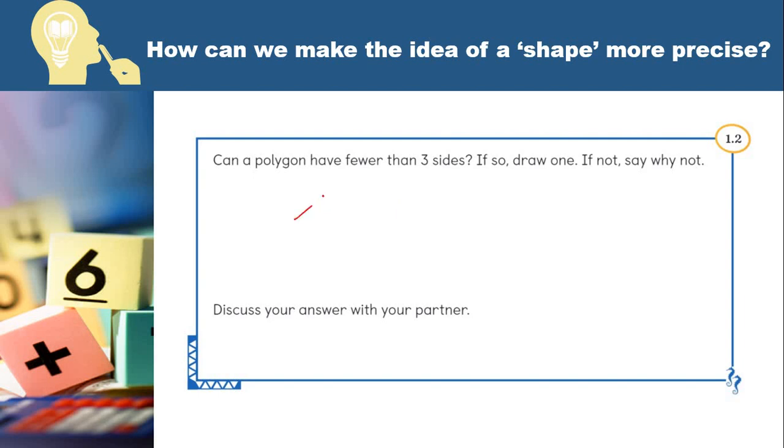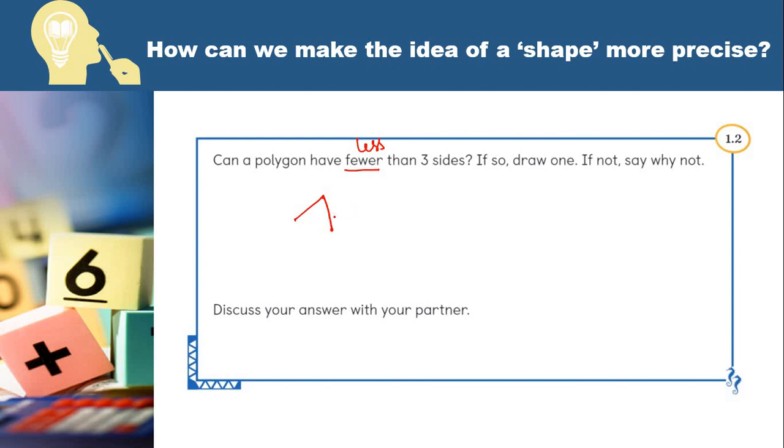Take 2 line segments. Now tell me children, is this a polygon? No, we cannot construct a polygon. Fewer means less than. Less than 3 sides. Can we draw a polygon children? No.